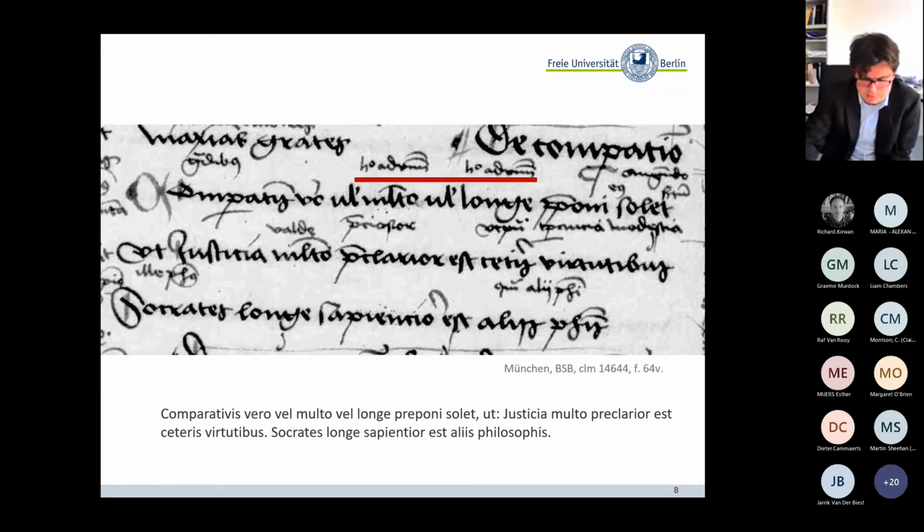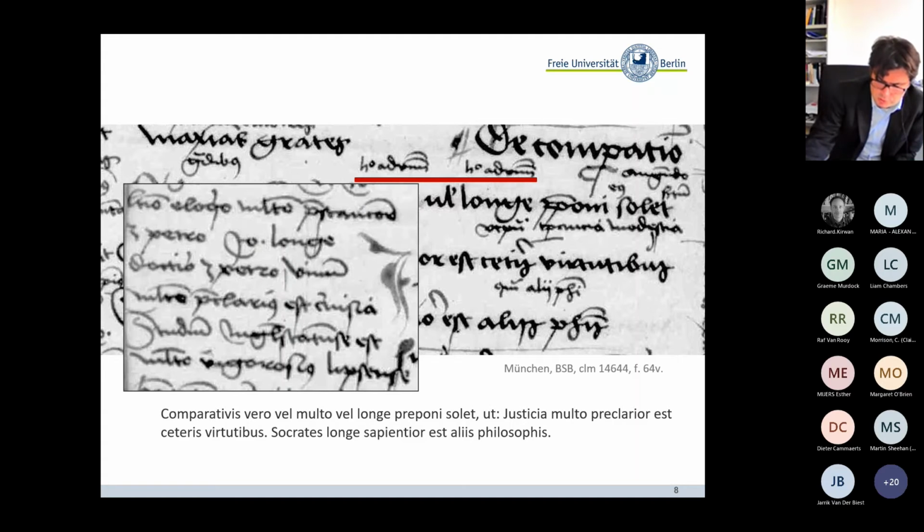Between the lines, the grammatical explanation hoc adverbum, this is an adverb, is given above the words multo and longe. The synonym balde is noted above multo. The name Socrates, mentioned in the main text, apparently required the explanation ille philosophus, he is a philosopher.